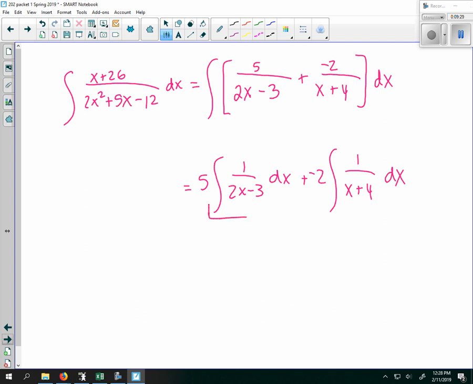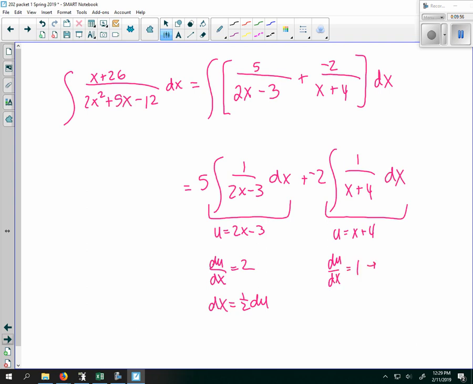For this one, I'm going to use a u substitution. I'm going to let u equal 2x minus 3, which means du dx is 2, which means dx is 1/2 du. And then this one, I would let u equal x plus 4, which means du dx equals 1, which means dx equals du.